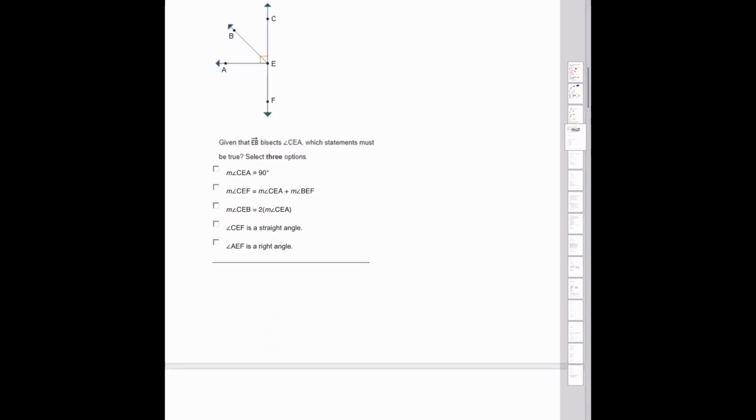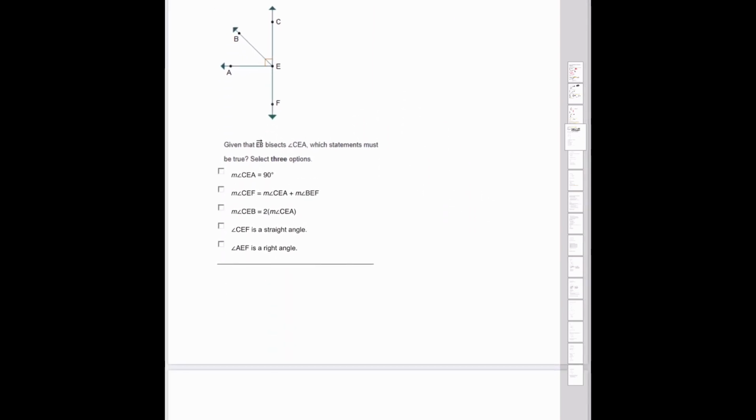Let's get into measuring lengths and angles. This says, given the EB bisect of CEA, angle CEA, what statement must be true? We must select three options.